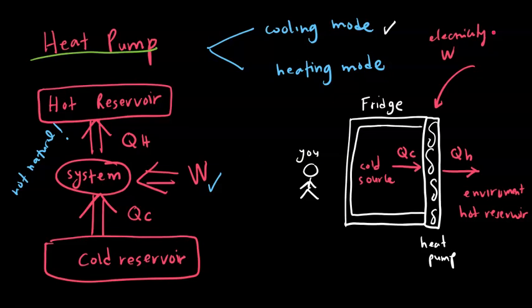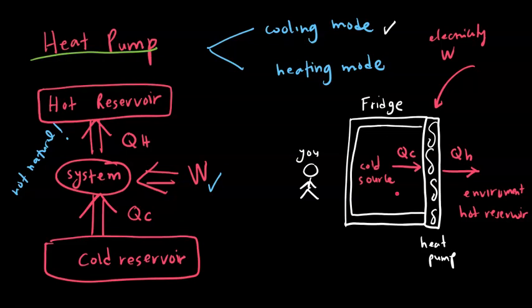Okay, again, I'm going to repeat myself. So the heat pump takes QC from the cold source, which is your fridge, and it expels the QC from the fridge and lets it out in the form of QH. The QH is expelled into the environment where the temperature is much hotter than the fridge.